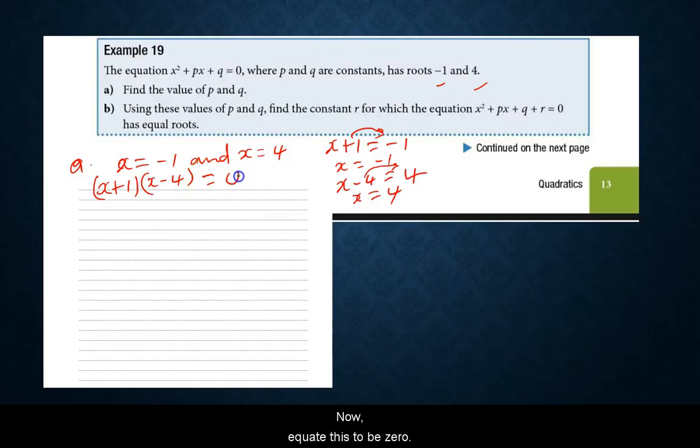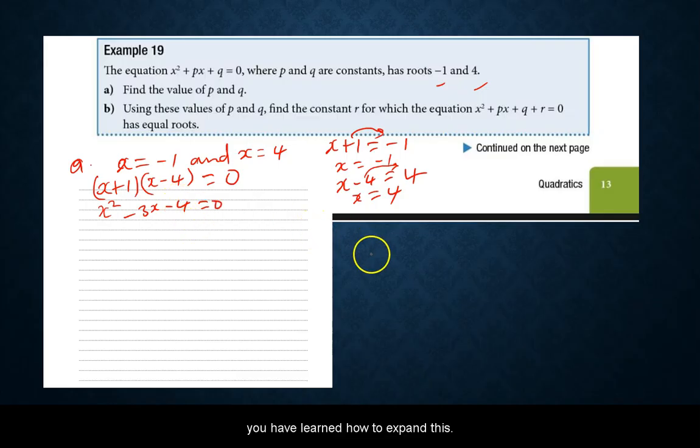Now equate this to 0, right? So let's expand this. IGCSE, you learned how to do simple expansion. When you expand this, you'll get x squared minus 3x minus 4 equals 0.